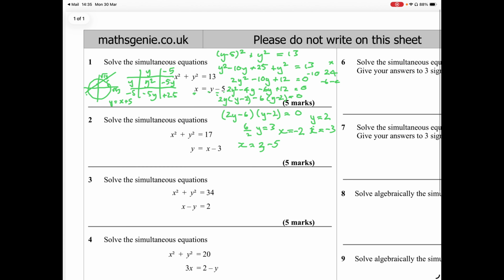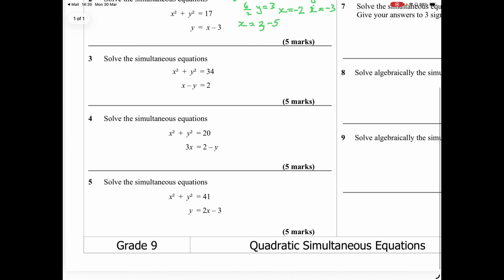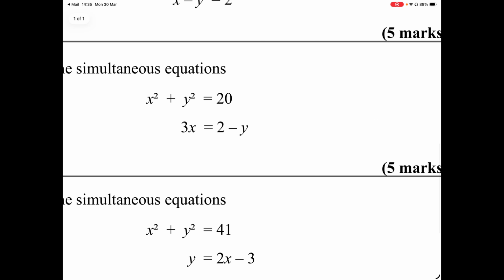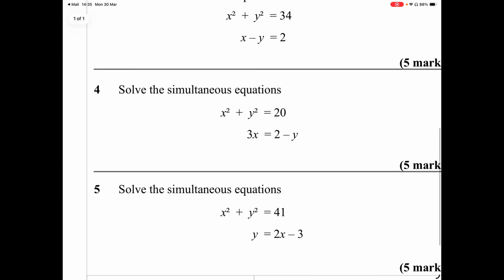Right, let's try another one, maybe something with a little bit more oomph. Shall we try number 4 of this? So we've got x squared minus y squared equals 20.